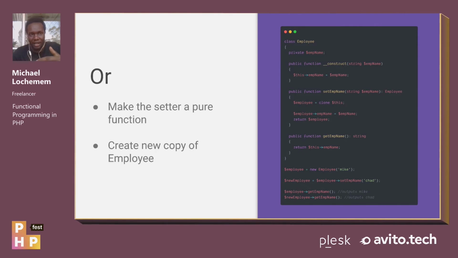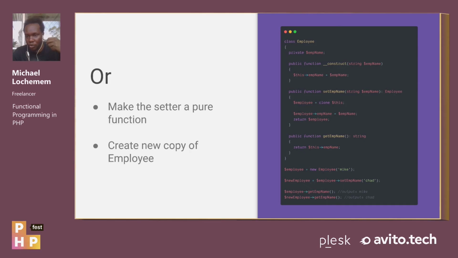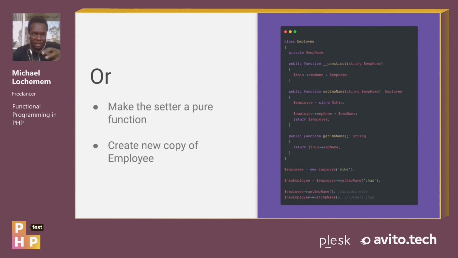So by essentially cloning it, which PHP routines allow you to do, you can create new instances of an object and basically silo operations to those respective objects. So it's a nice thing to have. It's a nice thing to do. It's a great way to enforce purity.